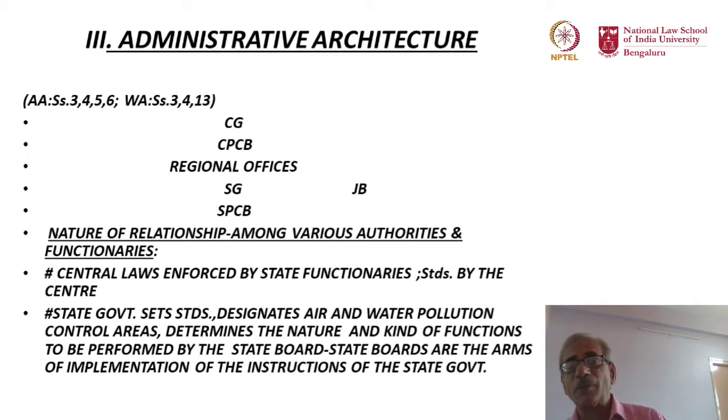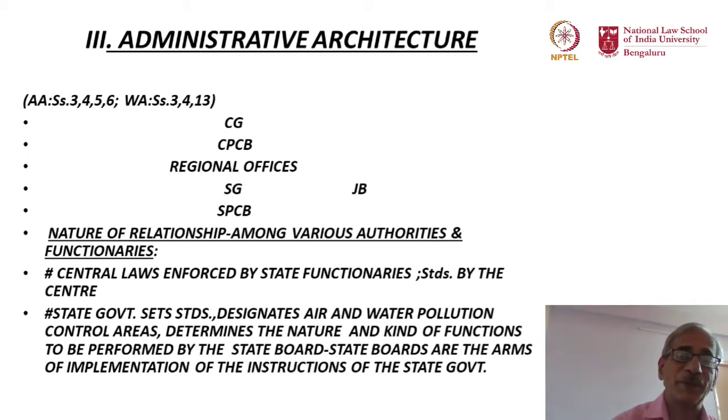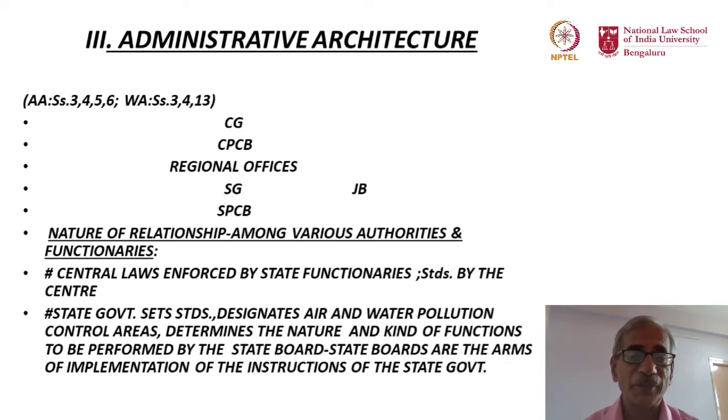Let us look into the administrative architecture of governance. As one can see, at the top or in the body of all the slides, I have put these acronyms: AA for Air Act, WA for Water Act, and those numbers refer to sections.